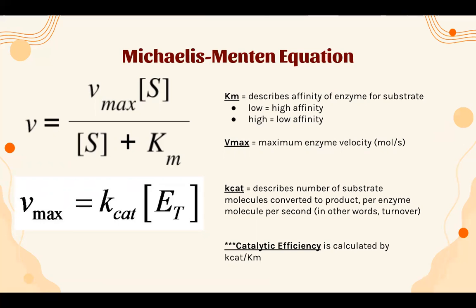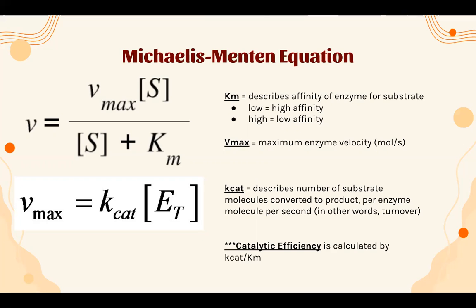This bottom reaction is a derivative of the above reaction, I believe. Here, kcat describes the number of substrate molecules converted to product per enzyme molecule per second. In other words, the rate of turnover of substrate molecules to product. The way to measure catalytic efficiency of an enzyme is to look at the ratio of kcat over Km.